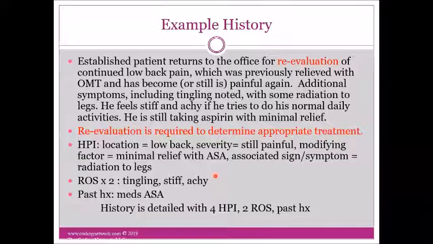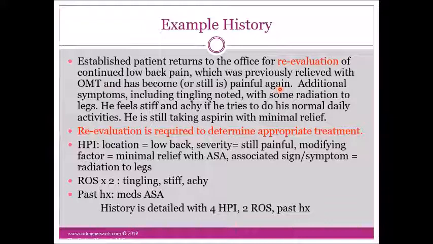And just an example of the history, an established patient returns to the office for reevaluation, and again, stating that would really help support that. And then the continued low back pain, previously relieved with OMT, and has become or still is painful again.